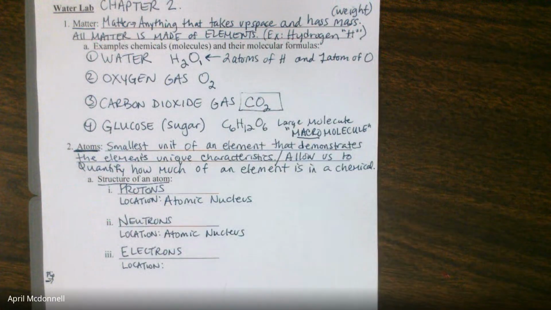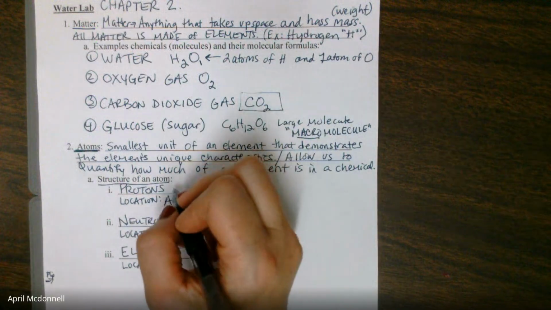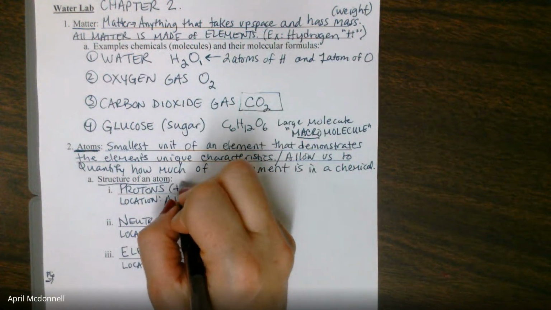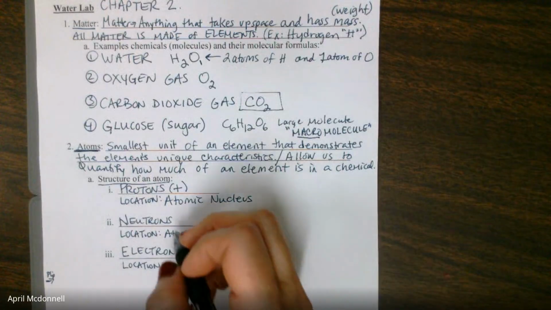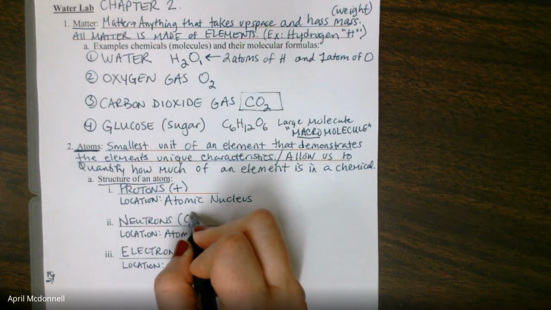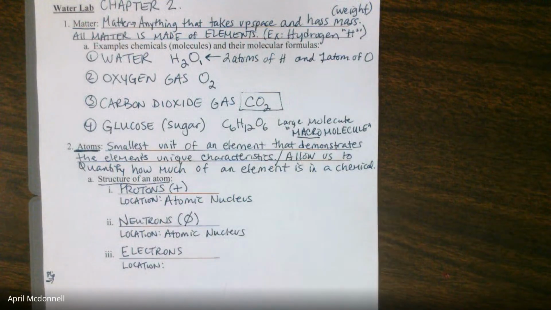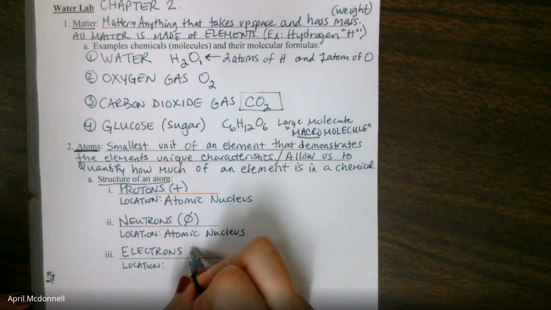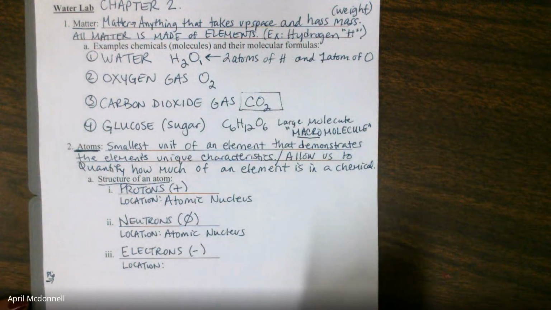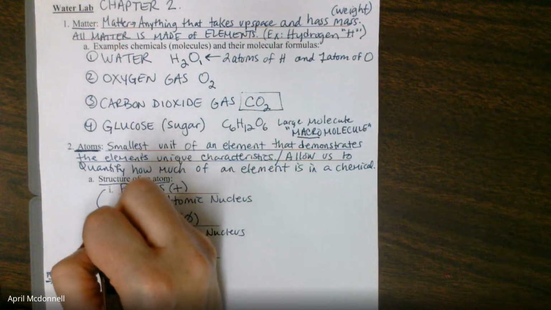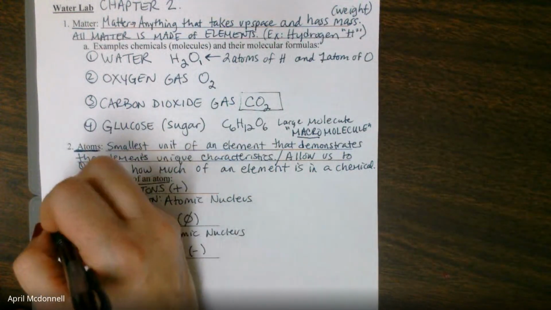A proton is a particle that has a positive charge, and a neutron is a particle that has no charge. This is why it's called neutron, because it's a neutrally charged particle. Our electrons are going to be negatively charged particles. So all of these are different types of particles.